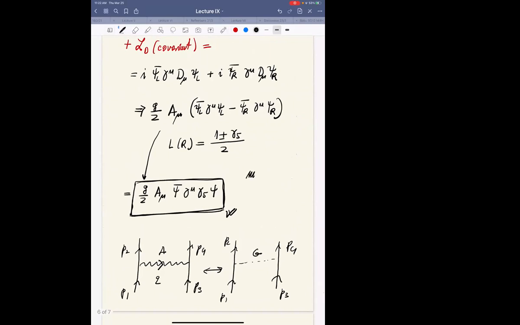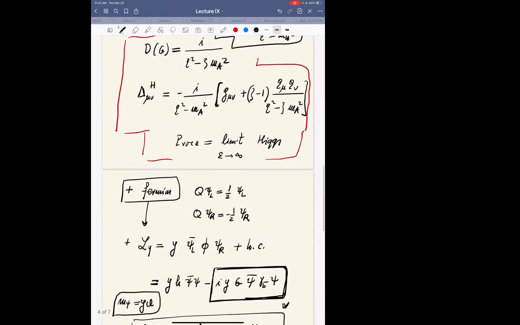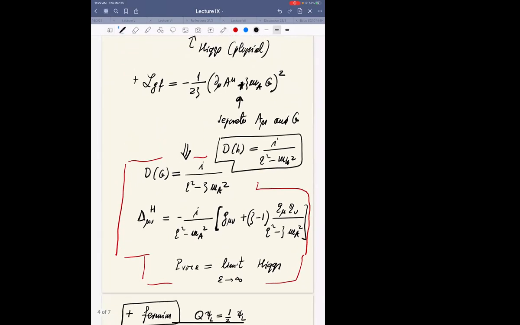Remember that the gauge field has a mass term. I should have written it before, maybe. Even here, M_A was, who remembers? It's proportional to v, and it's g times v.